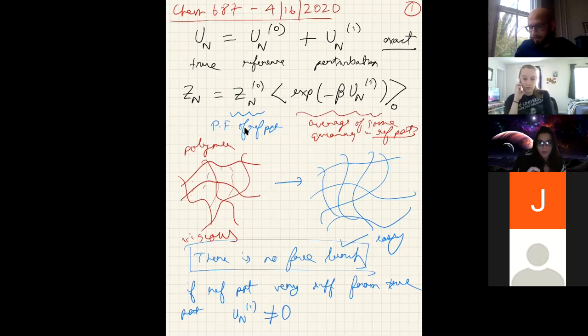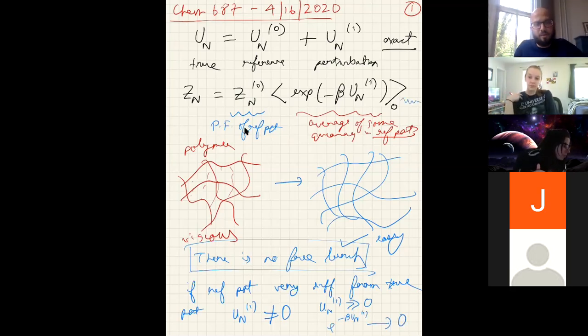A small number is not a problem. A large number is a problem, because then if UN1 is very large, e to the power minus beta UN1 becomes 0. And calculating the average of this quantity becomes an extremely difficult task, because you are trying to calculate the average of something which is very, very small. If you try to calculate it, it will just be 10 to the power minus 18, which is computer zero, and you will run into problems.